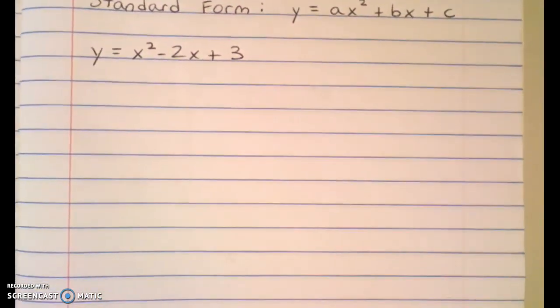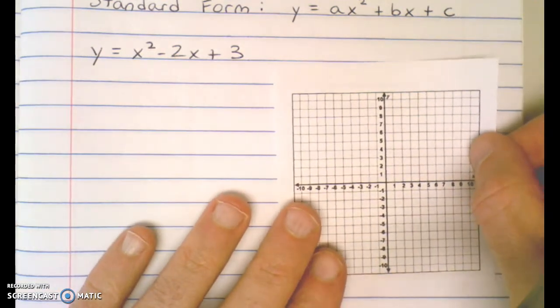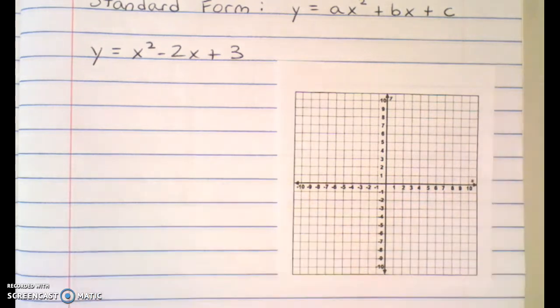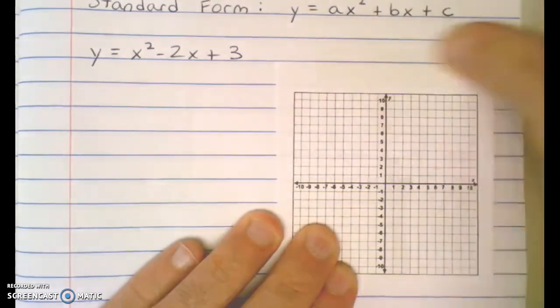What I want to do is graph that equation onto a regular 10 by 10 grid. So at this time, you should take the tape and the grid I gave you, and we can just tape that down into our notebook.